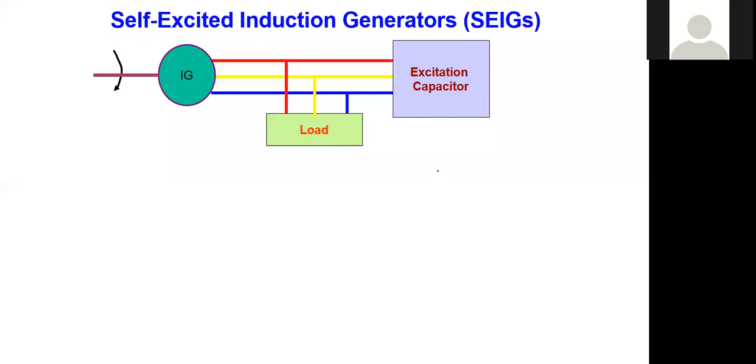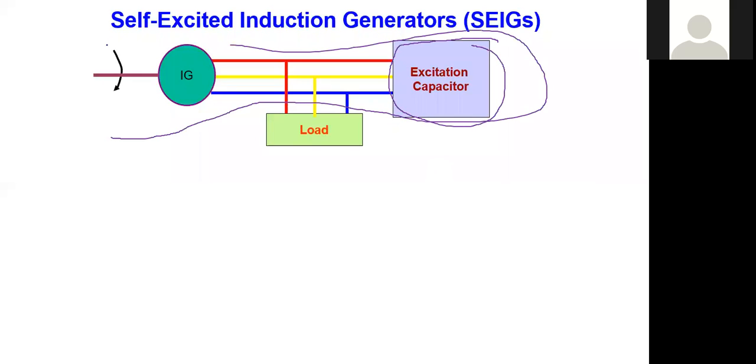So the same self-excitation process we can create instead of using the infinite bus bar. Here, for the reactive power support for the induction machine, we are connecting capacitors at the stator terminal of the induction generator. This induction machine and the capacitor create the self-excitation, and the voltage and the frequency which are available we feed directly to the load.